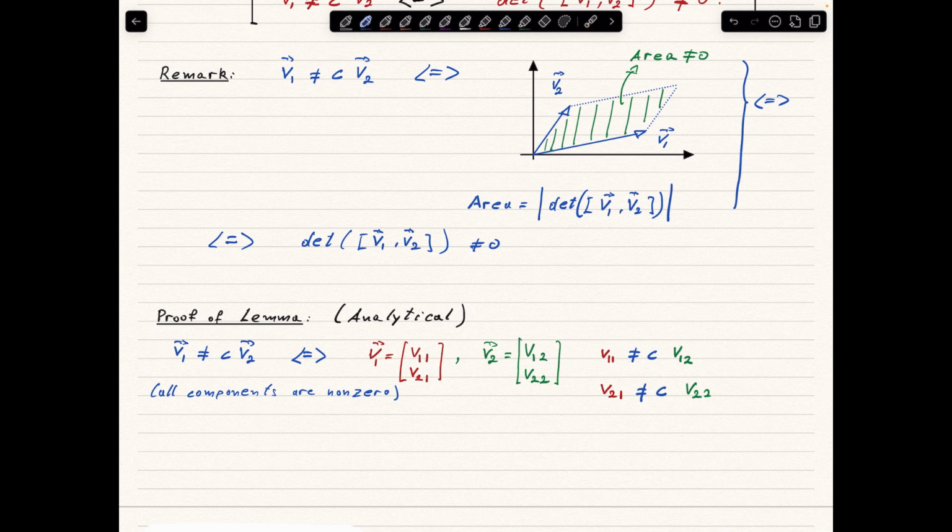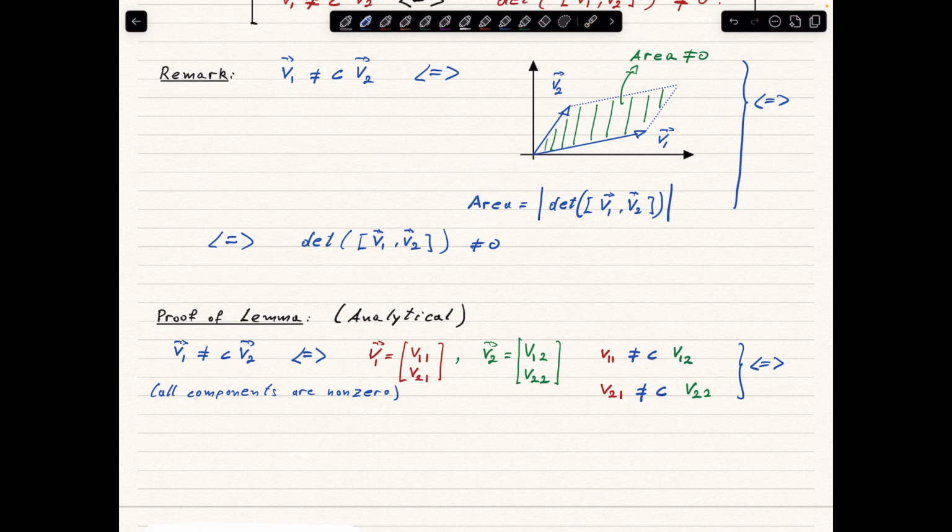Well, all that is equivalent to, since we are in the case that all the components are different from 0, we can divide by V12, for example, and we can divide by V22, and then these two quotients are not going to be equal because this constant C cannot be equal here.